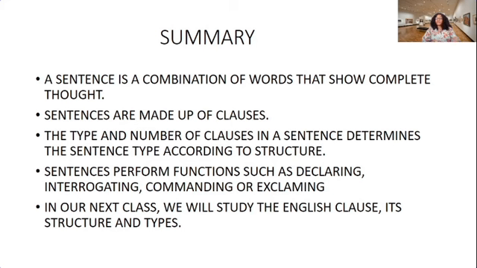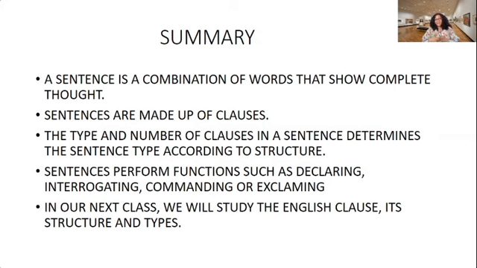It's a combination of words that show complete thoughts. The type and number of clauses in a sentence determine the sentence type according to structure, whereas what we use the sentence to perform, such as declaring, interrogating, commanding, or exclaiming, determines the type of sentence according to function.